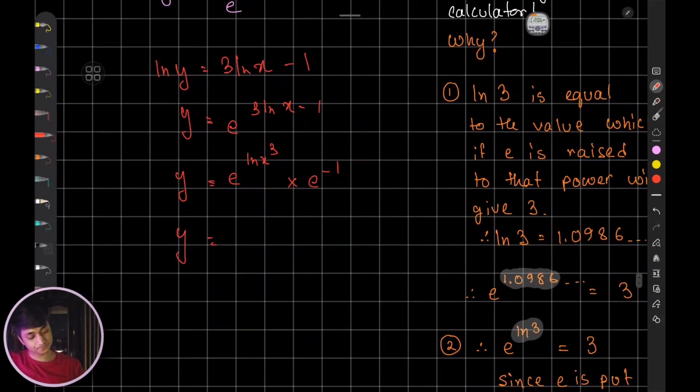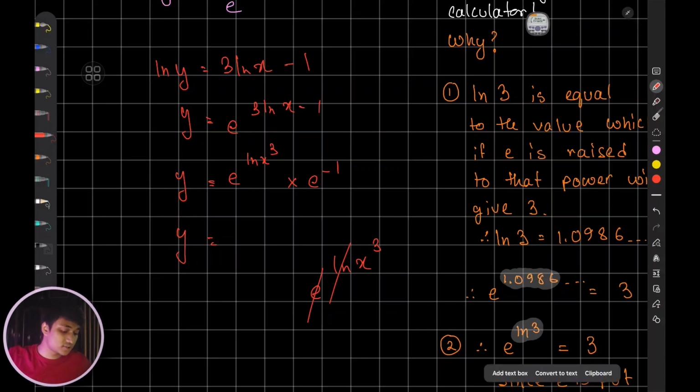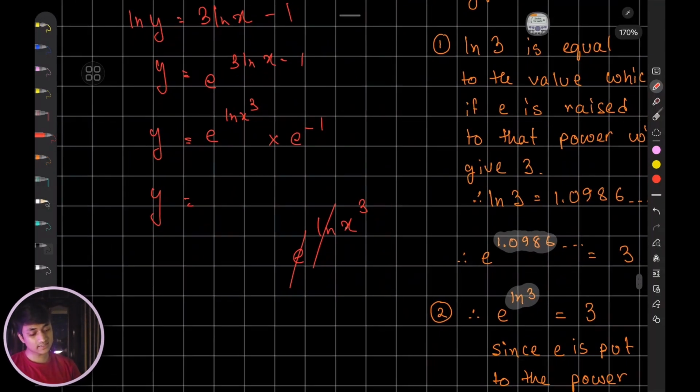Now, notice one thing. e to the power of ln x cube, this part. This e and ln is going to be cancelled off. Now, some of you might be confused about why this happens. I'm going to explain in short why this happens. Let's forget inside is x cube. Let's say it's a simple term, 3.